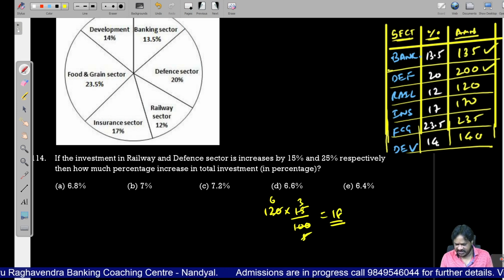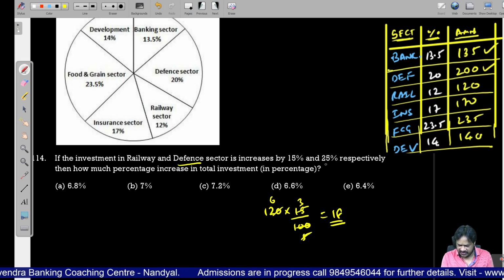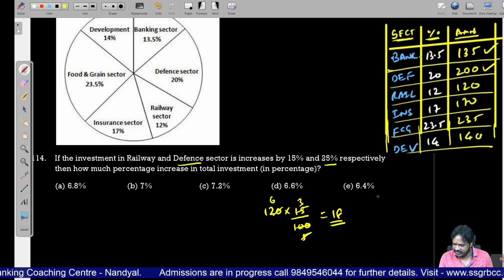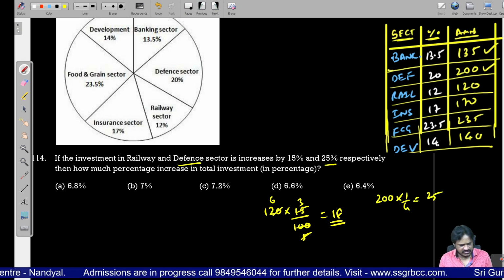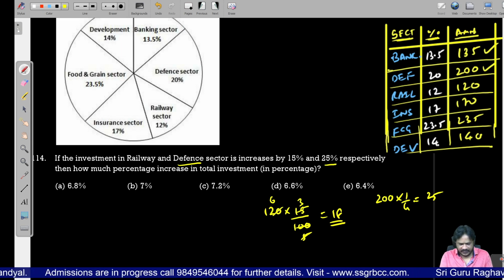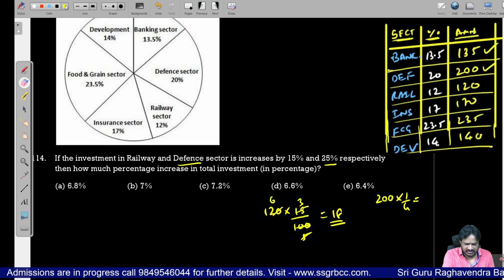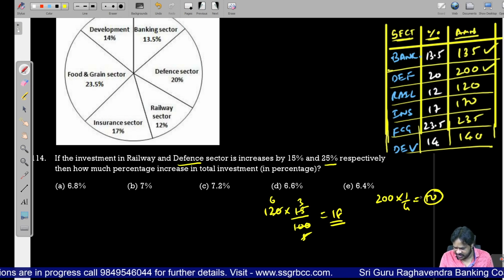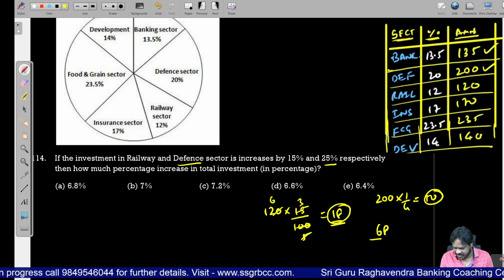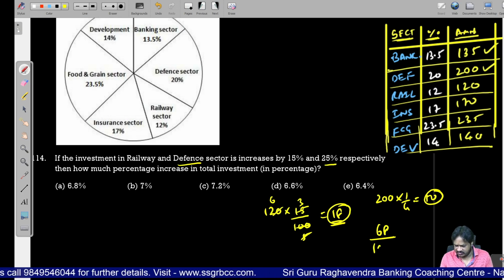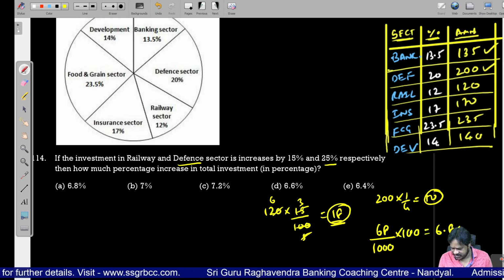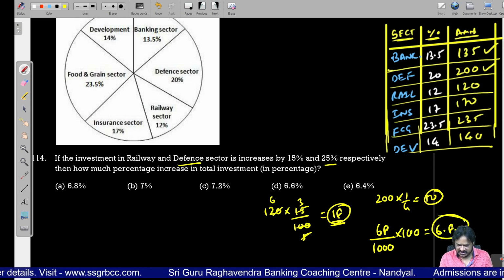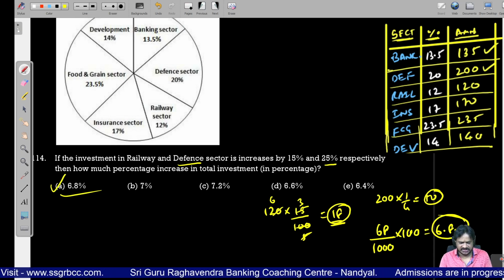In railways, 18 is increased. Then defense, 25%: defense is 200, so the increase value is 50. So the total increase is 50 plus 18, 68, over the total budget. The total budget was 1000 crores, into 100. We will get 6.8%. 6.8% means answer 1.